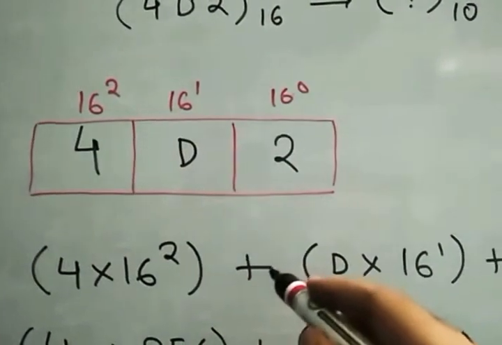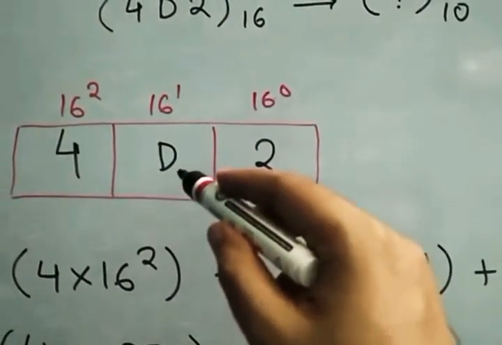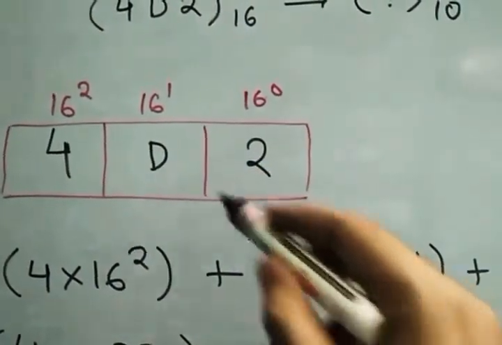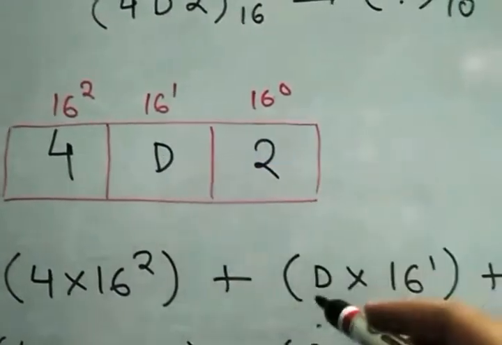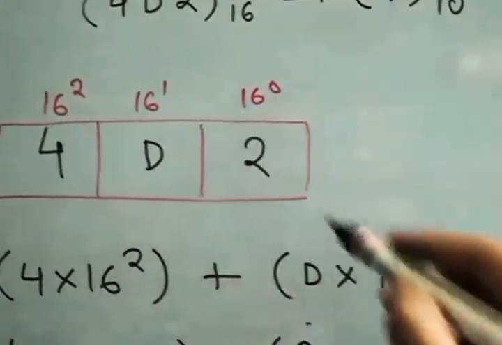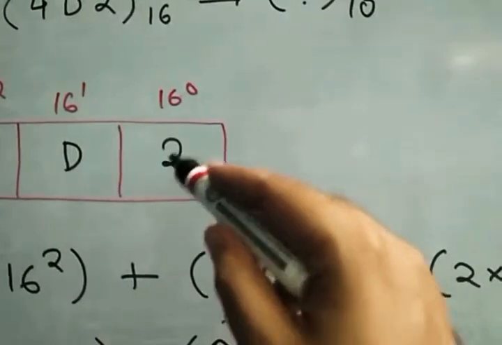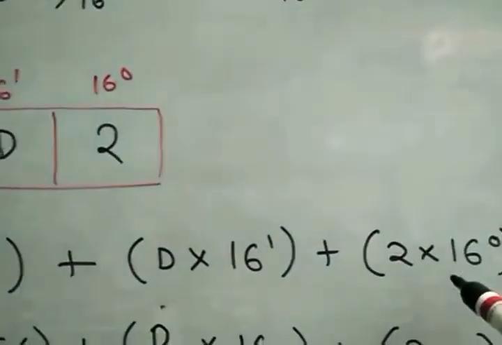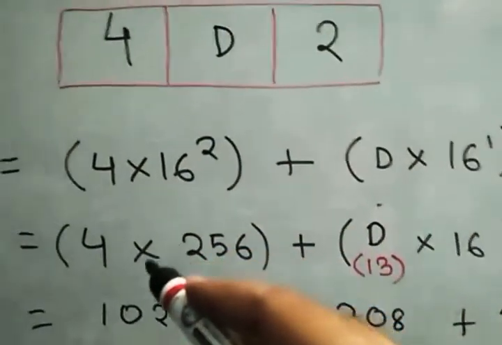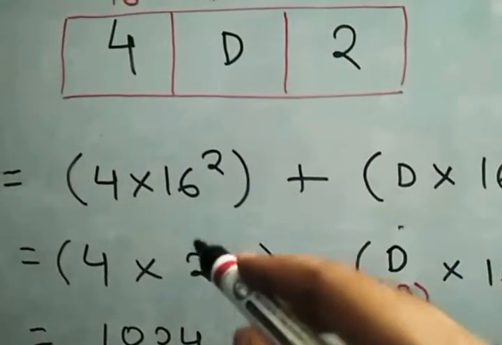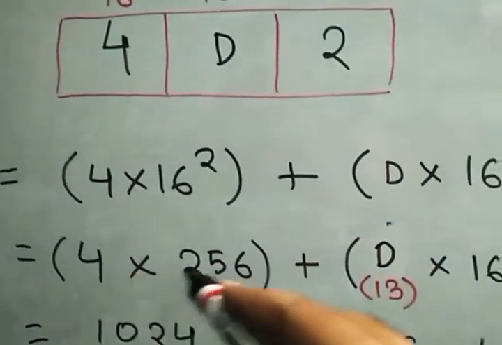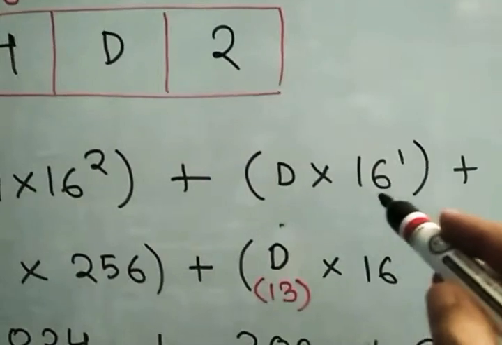Then we'll add. Then for the next position, the hexadecimal digit is D into 16 to the power 1, plus the next position, 2 into 16 to the power 0. So 16 into 16 is 256, 4 into 256 plus D into 16.